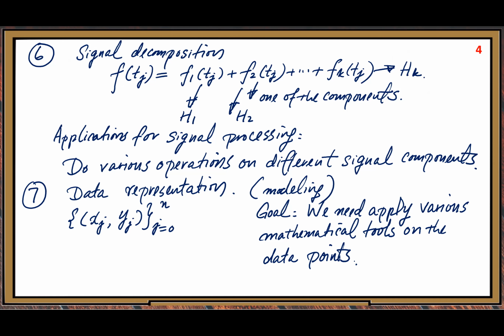So we need to find a mathematically friendly way. The representation should be friendly to math. So what do we mean by friendly to math? What do we need to do?